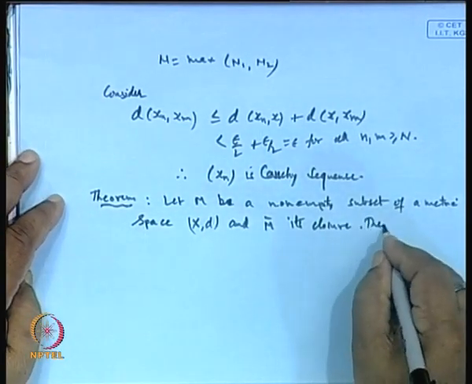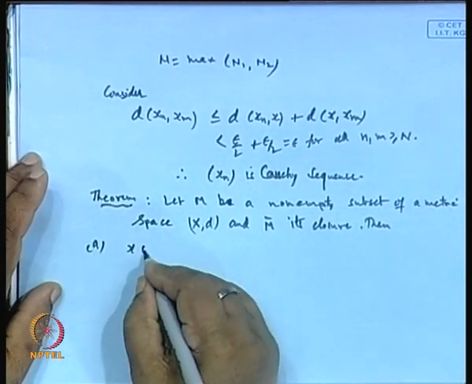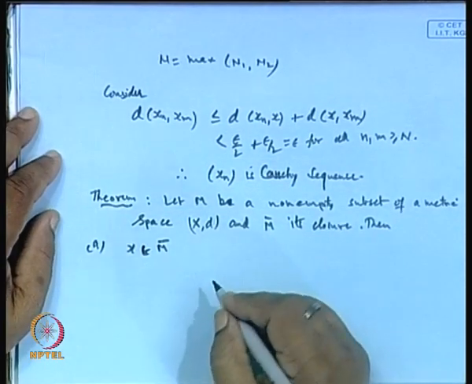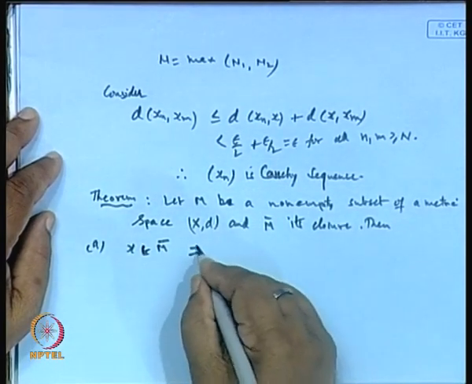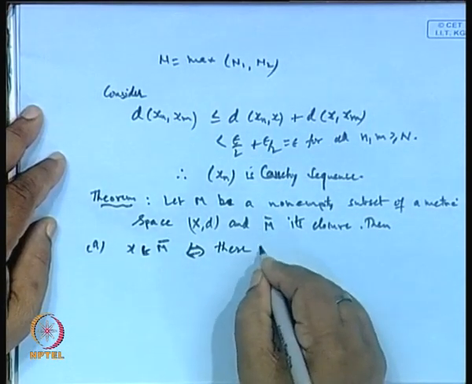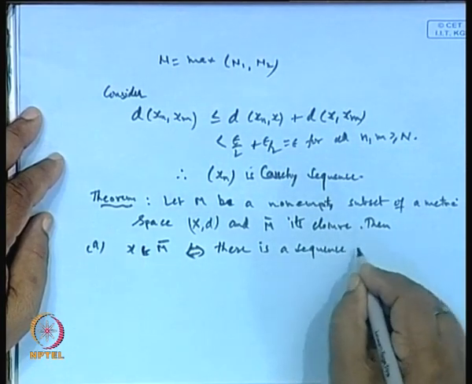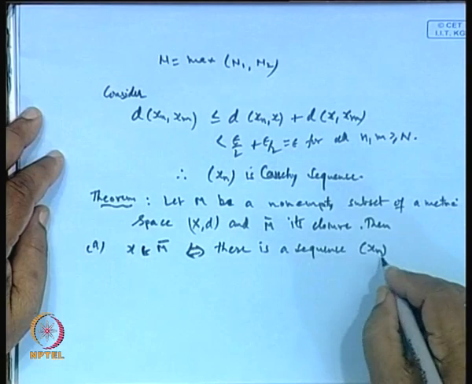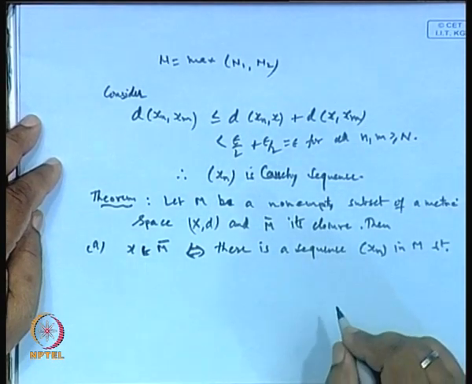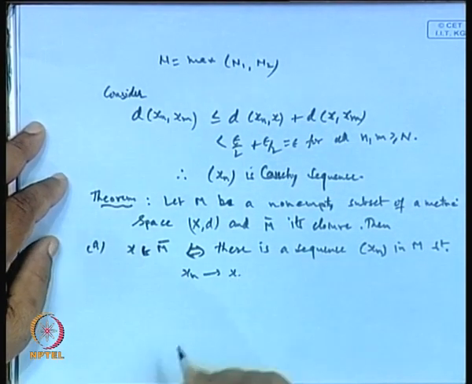Then the following results hold. Part A: x belongs to M bar if and only if there is a sequence x_n in M such that x_n goes to x.